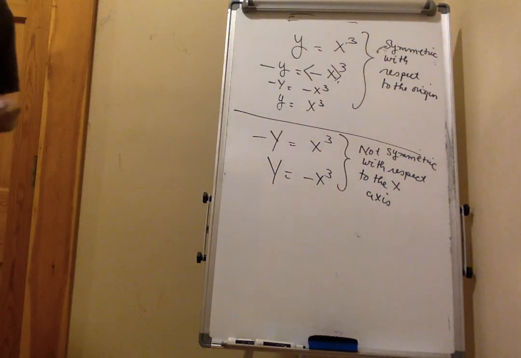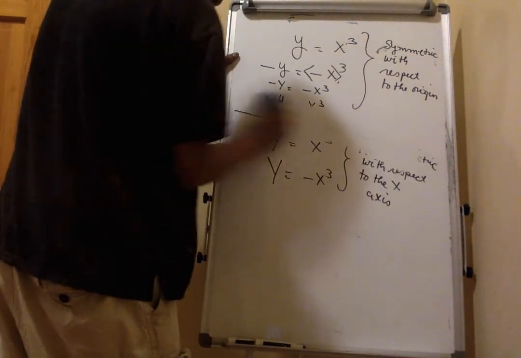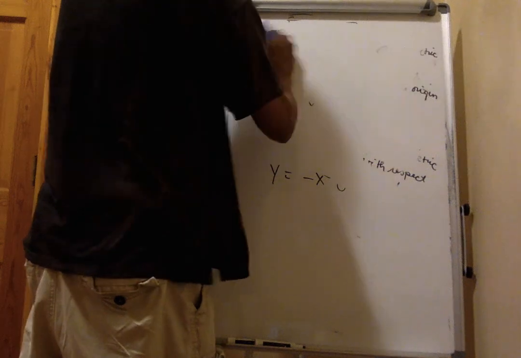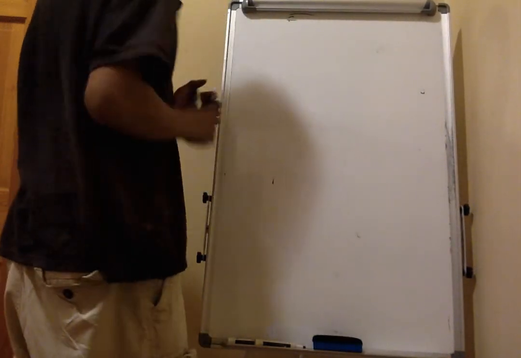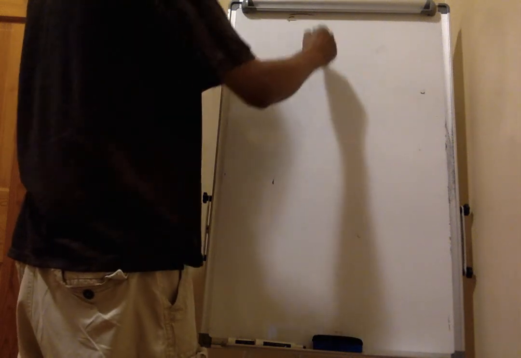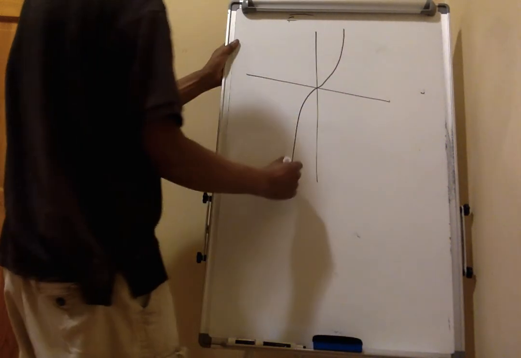So it's not symmetric with respect to the y-axis, not symmetric with respect to the x-axis, but it's symmetric with respect to the origin. In fact, this could be a good exercise and practice: go ahead and draw the graph of y is equal to x cubed, and you end up with a graph that looks like this.